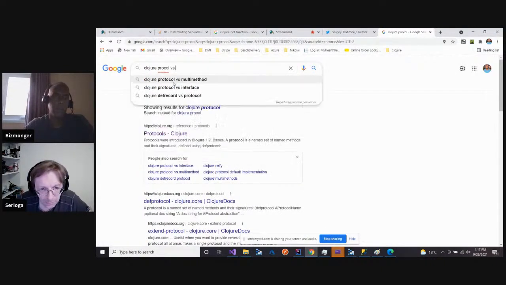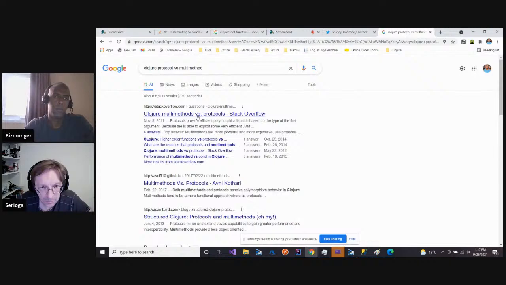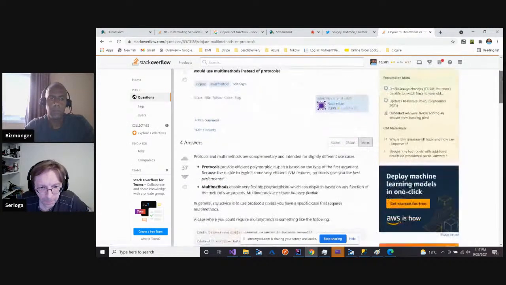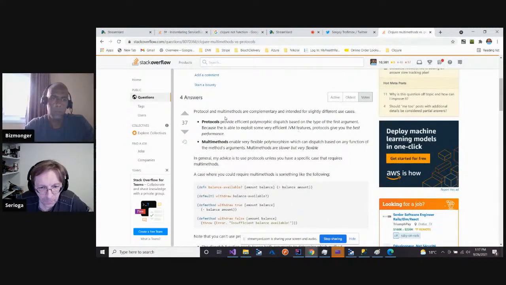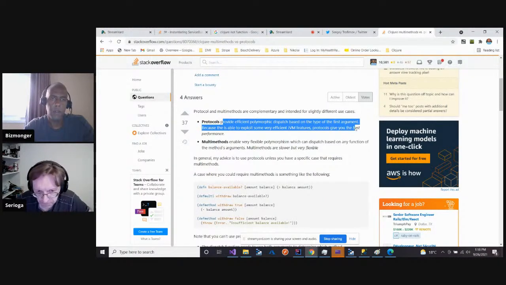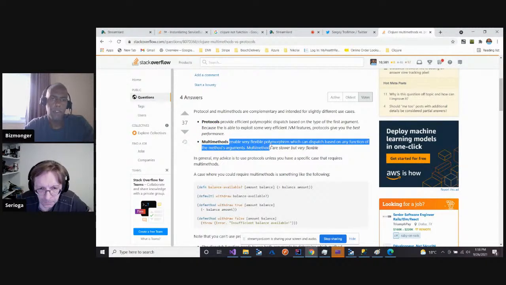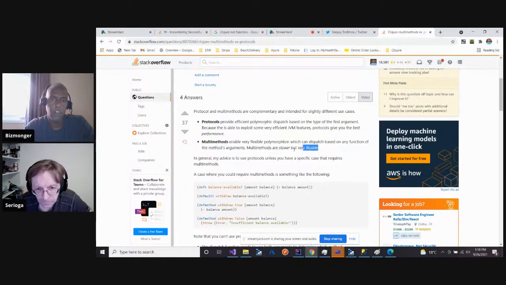Protocols can be satisfied by standard types and by custom types. Protocols provide efficient polymorphic dispatch based on the type of the first argument because it's able to exploit some very efficient JVM features. Protocols give you the best performance. Multi-methods enable very flexible polymorphism, which can dispatch based on any function of the method's arguments. Multi-methods are slower but very flexible.